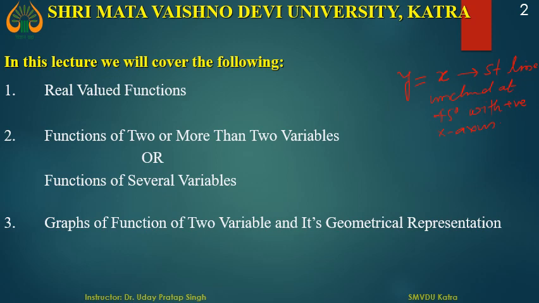This is x-axis and this is y-axis, and this straight line is y is equal to x. This angle is 45 degree, right?